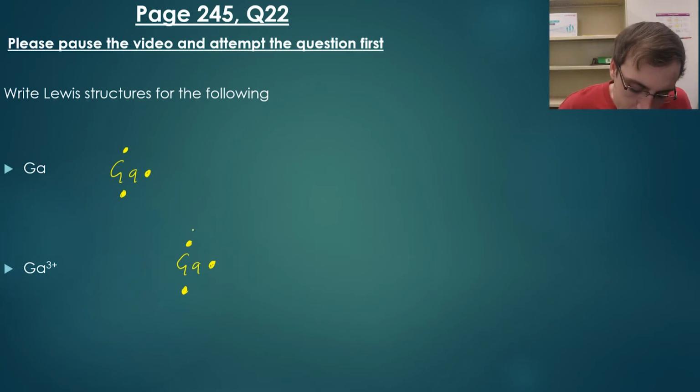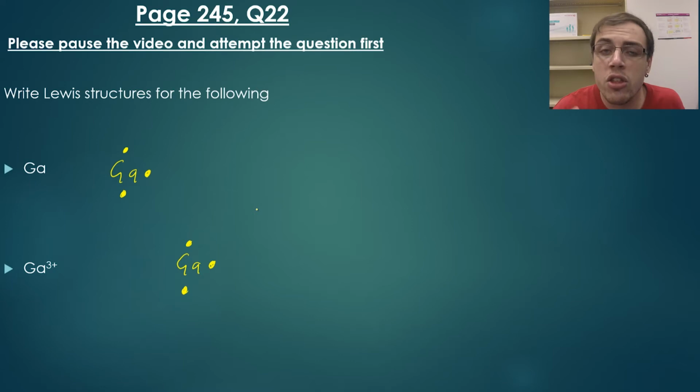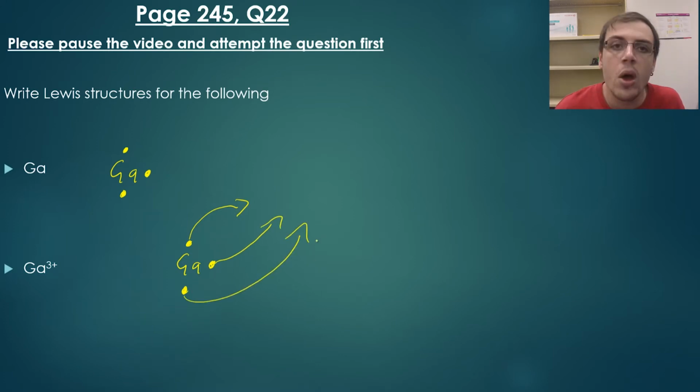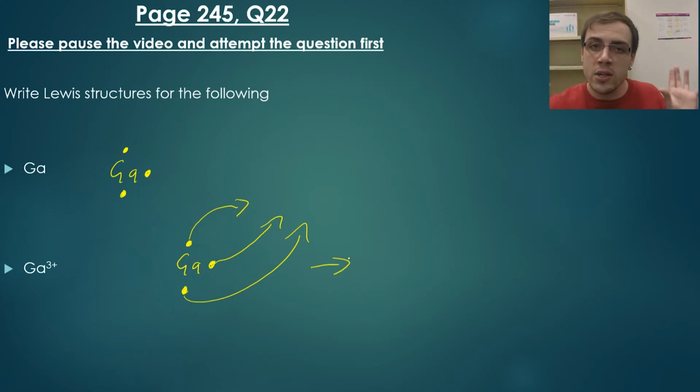Coming back to our little example here, so we have our gallium, but it's saying 3+. So that means it has lost 3 electrons. So if it loses this electron, and this electron, what is the Lewis structure? Well, because it lost all of the electrons in its outermost shell, it drops down an energy level.